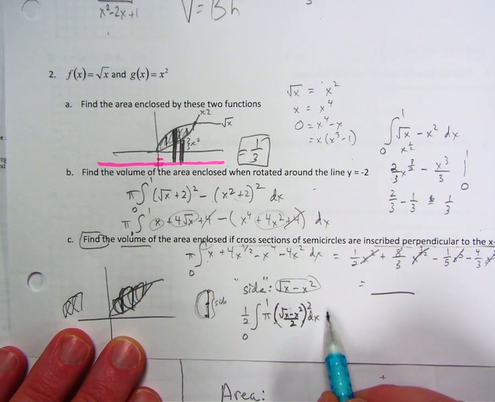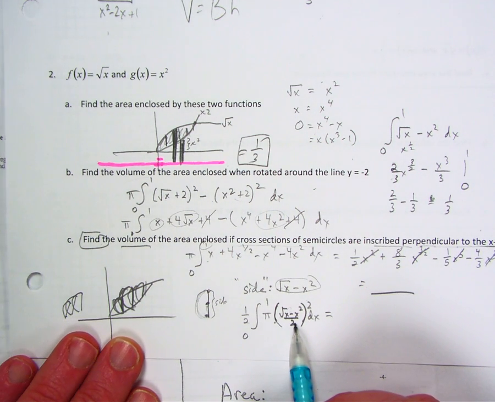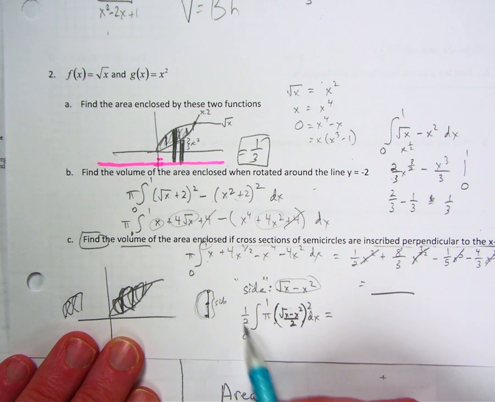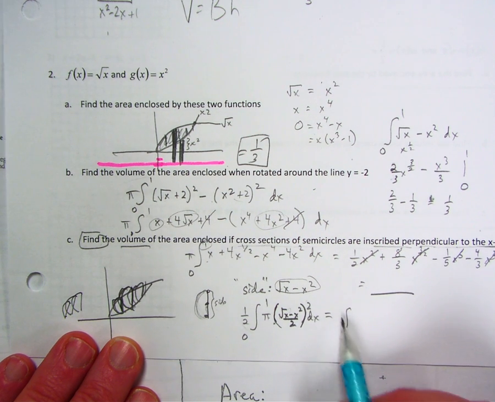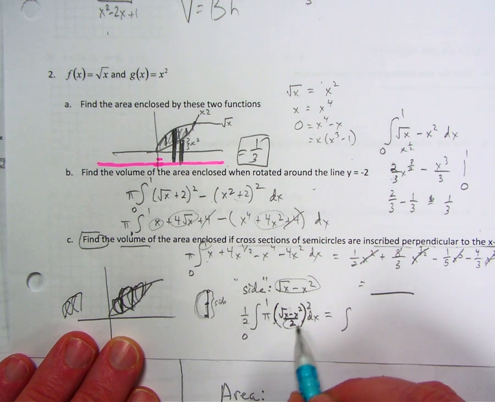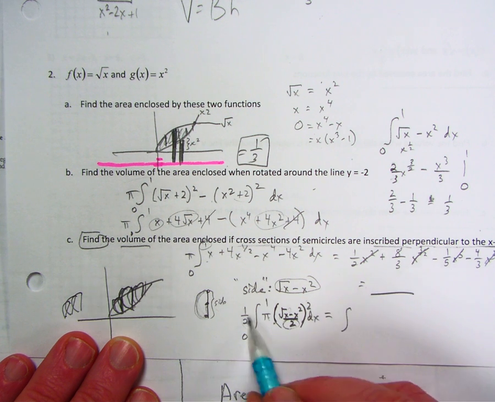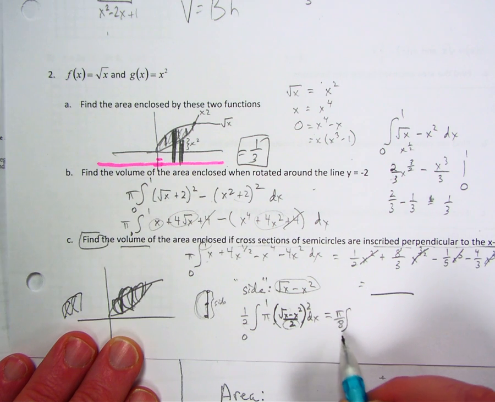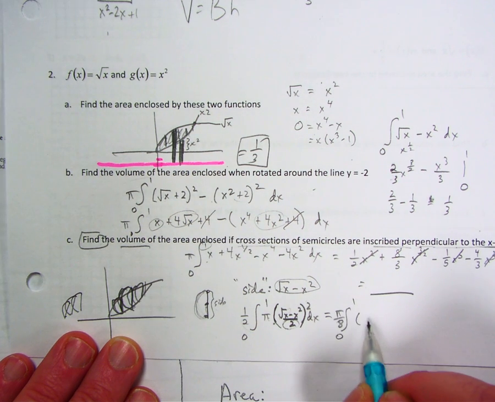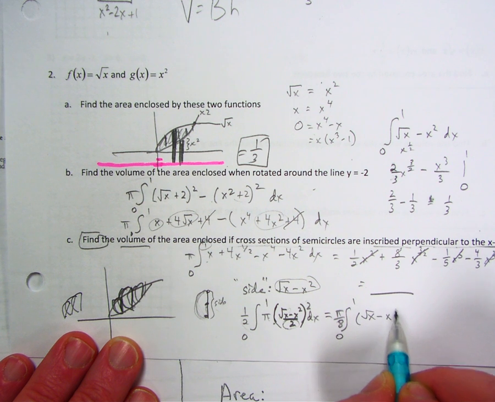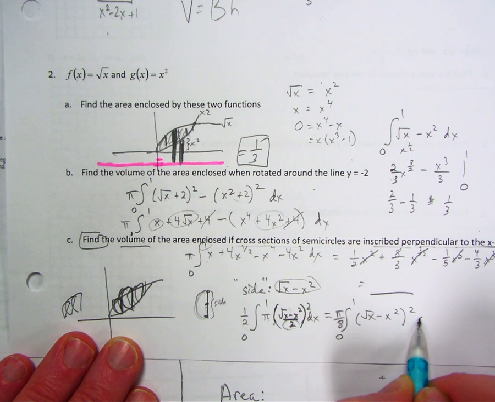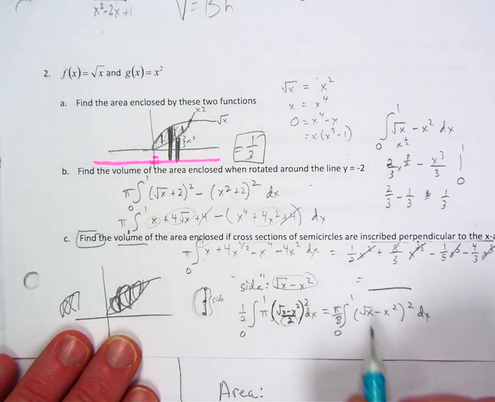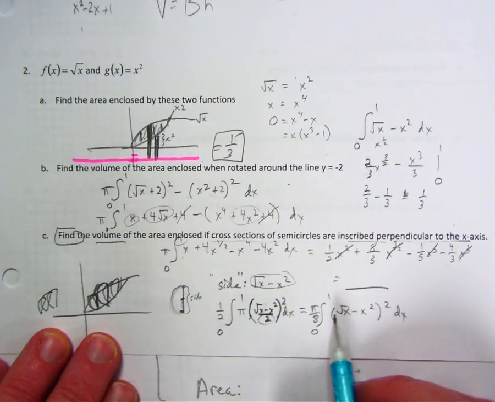And if you remember, when we simplified before, that's where the 1/8 came from. So when you expand this whole thing, you really have a pi and an 8, and that's 4 times 1/2 is 8. You can take the pi over 8 out front. So you're going from 0 to 1, pi over 8 of radical x minus x squared, squared. And again, I think we've done enough of these now, you can expand this and check it.